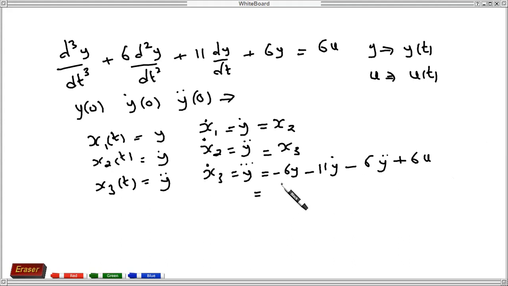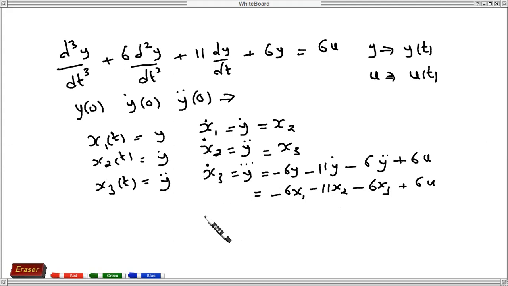Here y is x1, so we write negative 6x1; y prime is x2, so minus 11x2; y double prime is x3, so minus 6x3, and then plus 6u. So this is the set of first order simultaneous equations for the derivatives of the states.